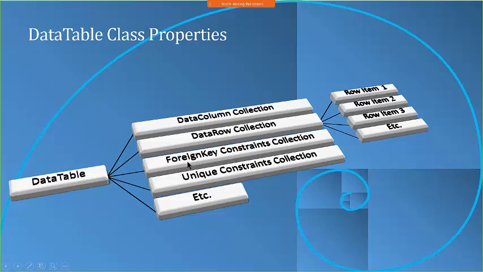You can also add a foreign key constraints collection and unique constraints, so you can make this table a very strong representation of the table in memory. You don't have to use all of these constraints, and those may or may not reflect what's in the database table.